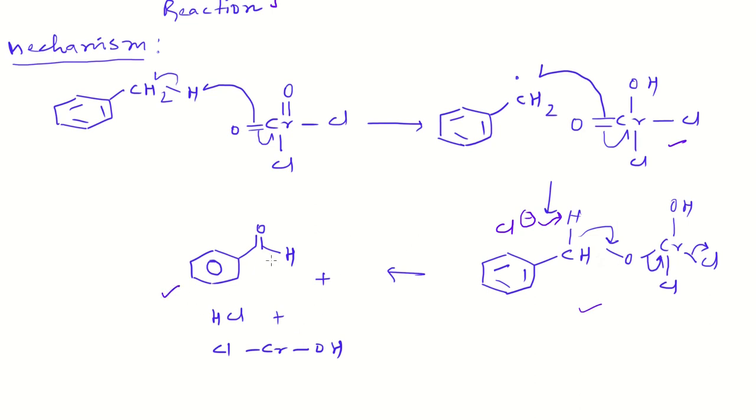Okay, one important thing I would like to mention here. Some books and some people say that the Etard reaction, that is this reaction, goes via a reaction where the benzene ring participates. That is completely wrong. The benzene ring will never participate under this condition, where the aromaticity would be lost. So the reaction pathway will be this.